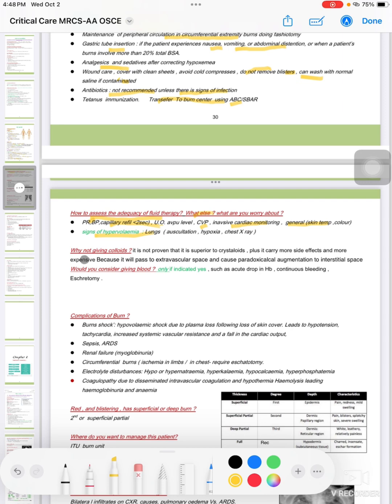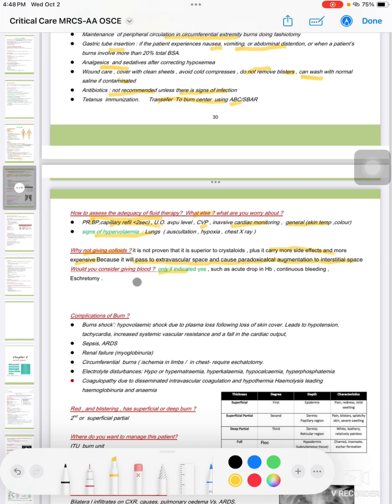The next question would be: why not give colloids? You would answer that it will pass to the extravascular space and can cause paradoxical augmentation of the interstitial edema, and because it may carry more side effects and is more expensive. Would you consider giving blood transfusion? Yes, only if indicated.